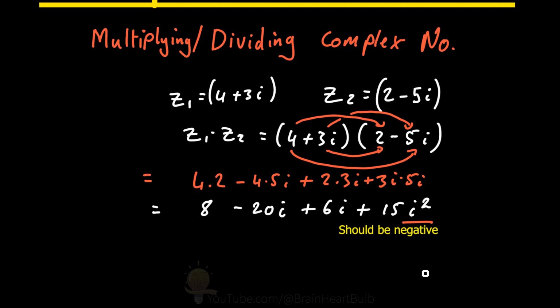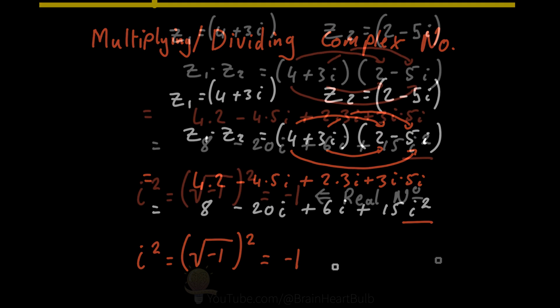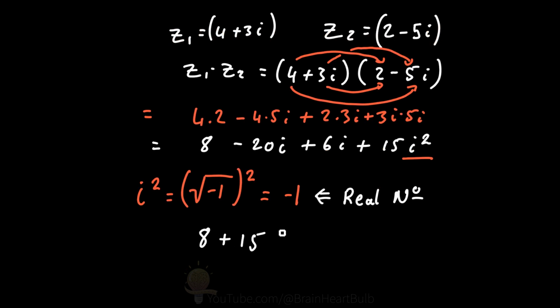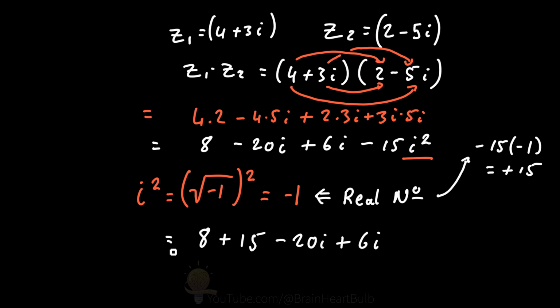Now there's a useful property about the square of an imaginary number. When you square the root of -1, you get -1. So our -15i squared turns into +15. So we end up with 8 plus 15 as the real component, and -20i plus 6i for the imaginary component, and we simplify from here.